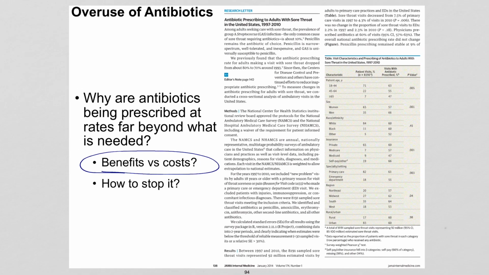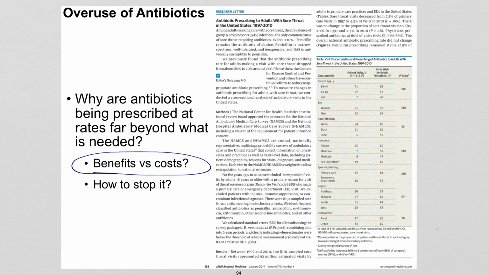If the cost is a lot of uncomfortable side effects and the encouragement of resistance, and the benefit is maybe makes you a little more comfortable than you would have been, but isn't saving anyone's life, is it really worth doing that? There's been a movement lately that antibiotics should be treated as not a complete last resort, but maybe given a little bit more respect for how powerful they are, and not just throwing them at any old infection that comes along.